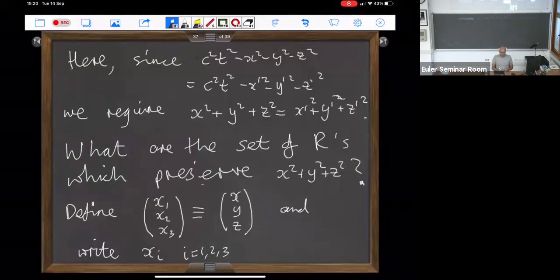So this subset of Lorentz transformations are the set of 3 by 3 invertible matrices that preserve x squared plus y squared plus z squared. So now we're going to start introducing some notation. Let's introduce an index i, which runs from 1 to 3. And x1 will be x, x2 will be y, x3 will be z.